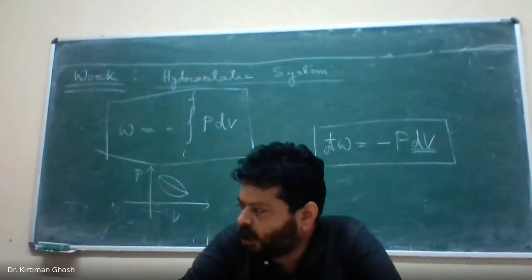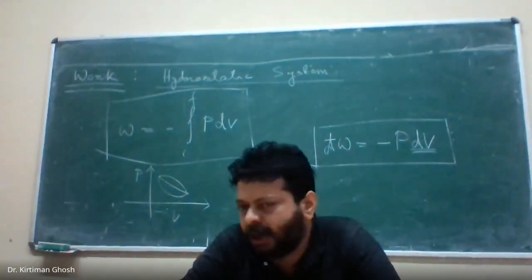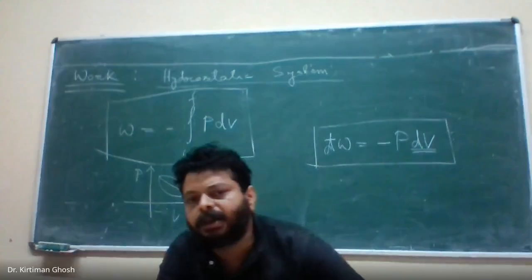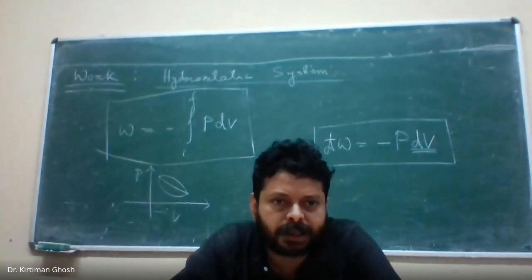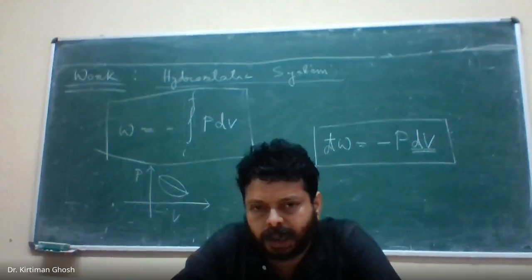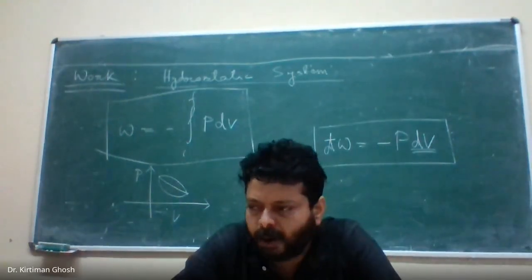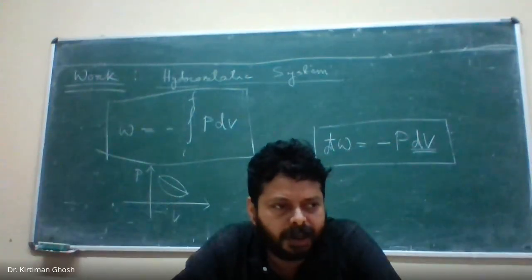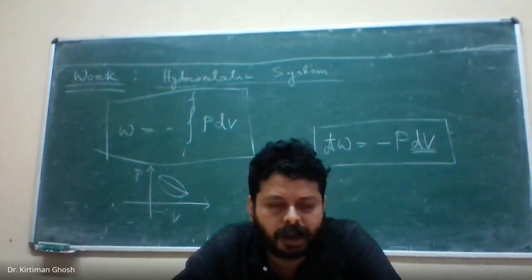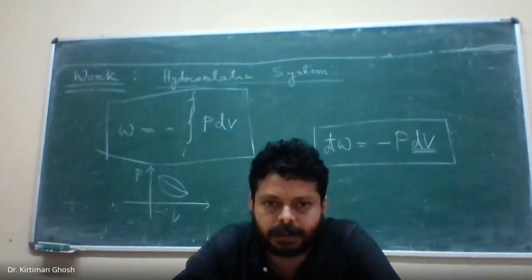Okay, so let us stop at this point today. In the next class, I will calculate some particular examples of work done when a system goes from an initial state to a final state. Then we go to the first law of thermodynamics and try to understand its consequences. This is important: you need to be able to calculate work done by a system or on a system on a given path.